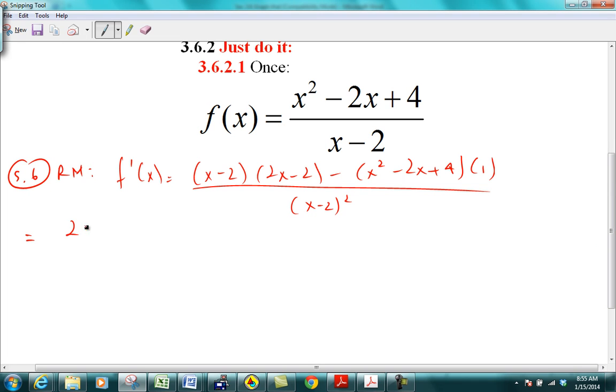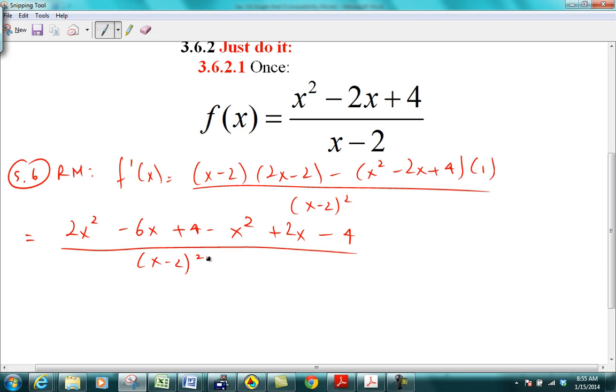So the top becomes 2x squared minus 6x plus 4 minus x squared plus 2x minus 4, all over x minus 2 quantity squared. Okay. So that becomes x squared minus 4x all over x minus 2 quantity squared.